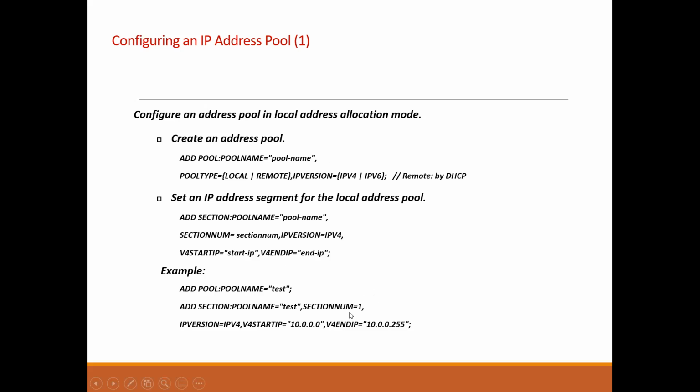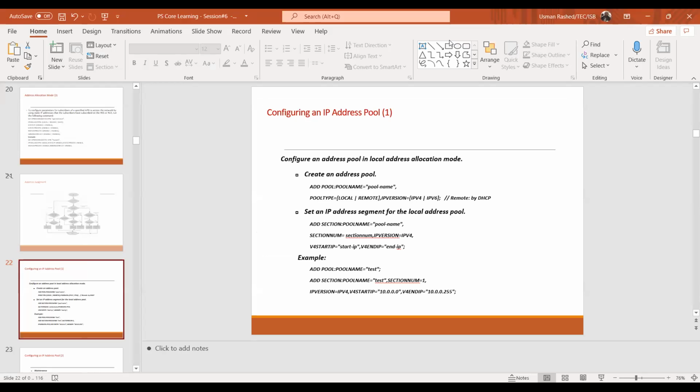After this, I'm going to show you a real configuration, and by that you can understand what a section means. Let me just take out some real configurations, and then I can show you how it's done.